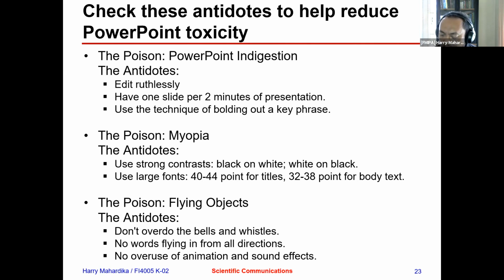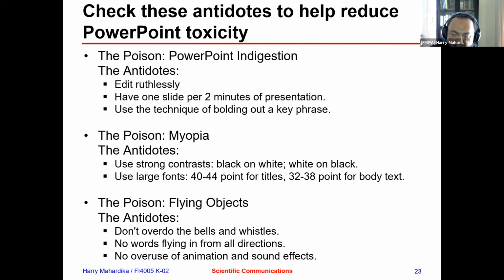Another disadvantage in a PowerPoint presentation is that some people have myopia, so they cannot distinguish the image they see from a black background to a white font, or a white background with a black font.